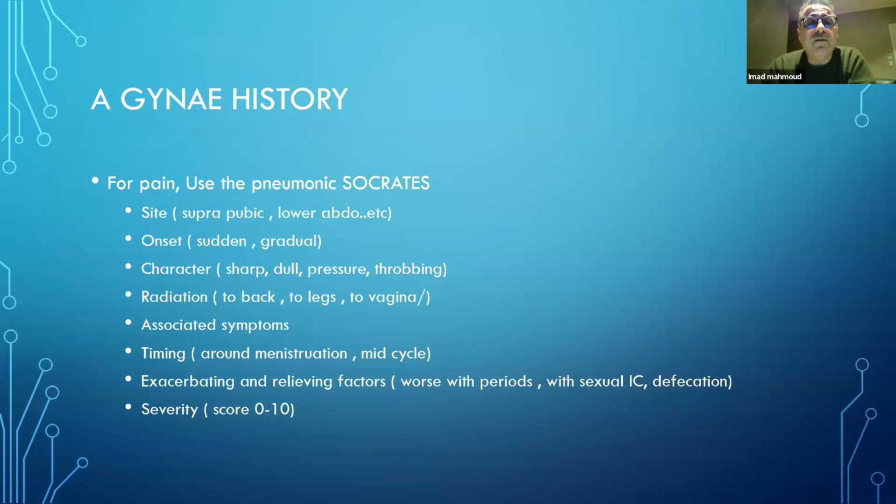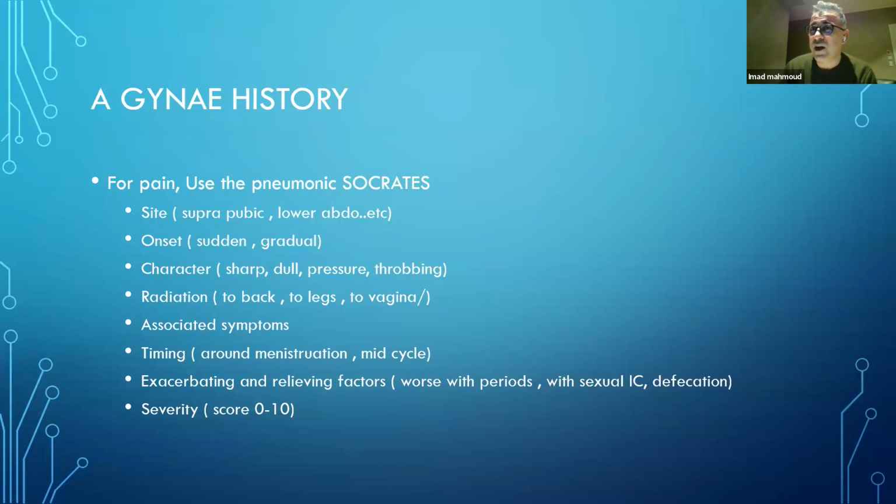Severity of the pain. What is the severity of the pain? We always use the score from 0 out of 10, and you say to the patient, if your worst pain is 10 and no pain is 0, how do you score this pain? Someone says, actually it is 2 out of 10, so you know it is mild.